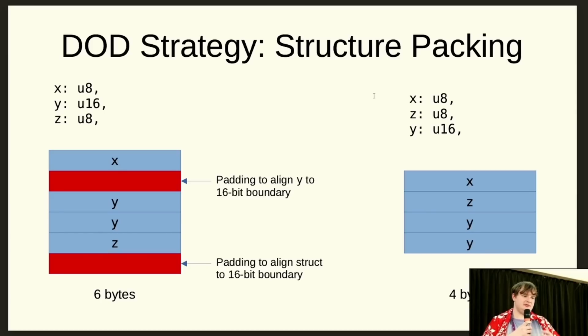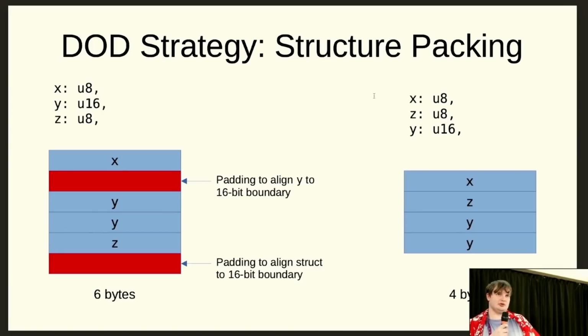If you order fields weirdly, you can see on the left here, we have these fields ordered X, Y, Z. And that results in 2 bytes of padding in there, because Y has to be aligned to a 16-byte boundary, and so does our struct as a whole. If you just reorder those fields, storing the exact same data, you save 2 bytes.